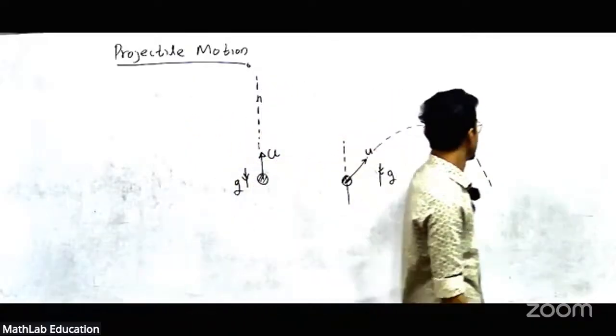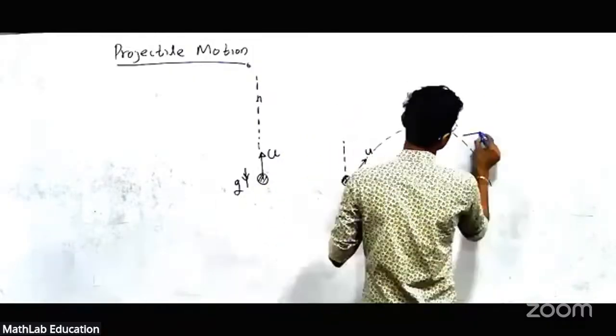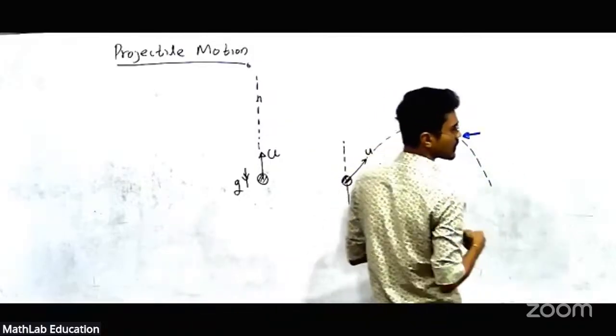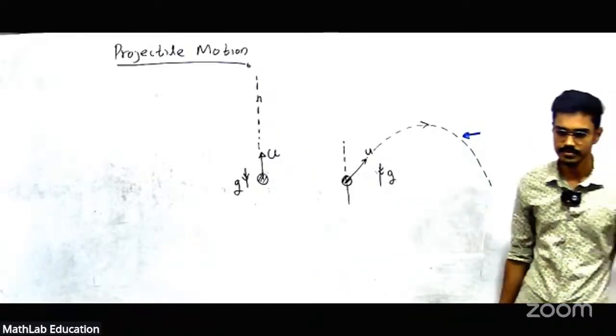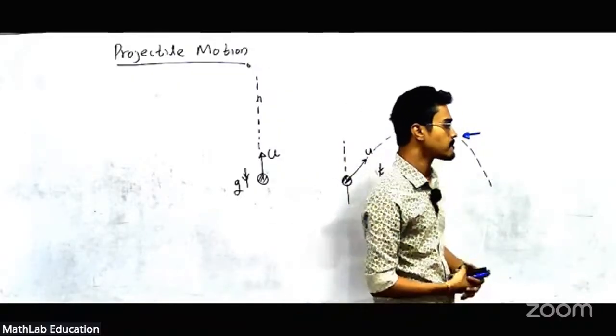And this path has a defined name. Any path can be called a trajectory. Have you heard the word trajectory? No? Path is called a trajectory, right?